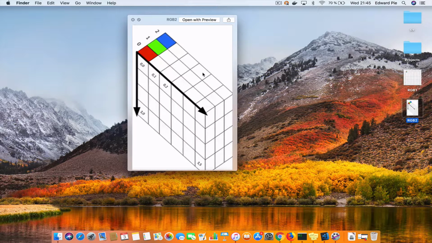So if I had a 50 by 50 colored image, what you are actually seeing is a 50 by 50 array that stores the red component, a 50 by 50 array that stores the green component, and a 50 by 50 array that stores the blue component of the color in each pixel in your image. So if I read the values at 0, 0, I would get the red component, the green component, and the blue component at that particular pixel.